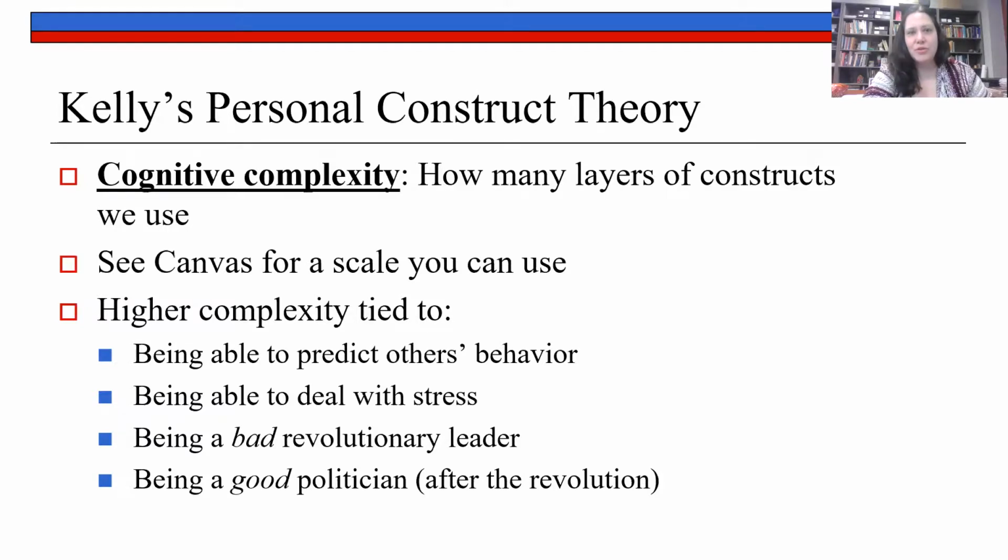Interestingly, when you tie this to politics or history, it seems that when you analyze things like speeches or memoirs of people like presidents or other world leaders, it seems that having high cognitive complexity actually makes you kind of a bad revolutionary leader. Or in other words, people who lead revolutions tend to have really low cognitive complexity.